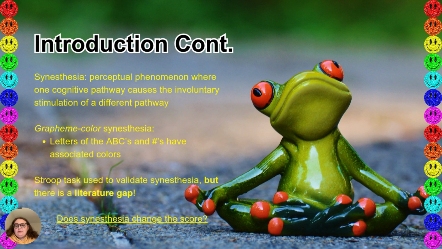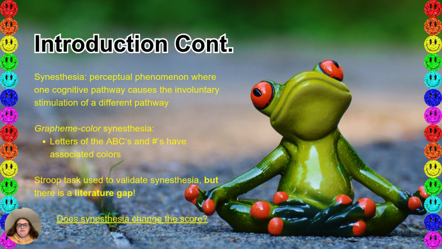So I'm not going to try to say their names, but sources. Prior studies use synesthetes, which are people with synesthesia, and test them with the Stroop task, and then non-synesthetes, so just people who don't have synesthesia, are used as the control group. And it's a mixed design.